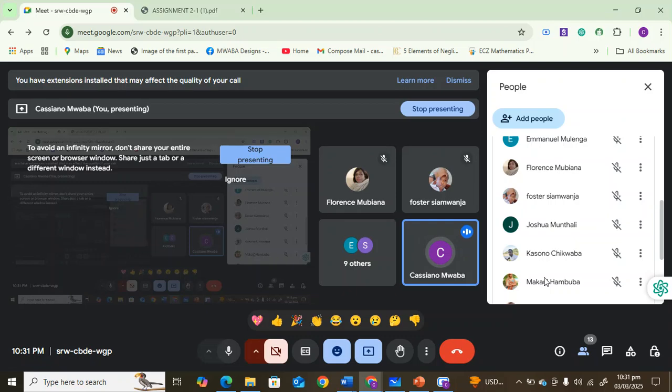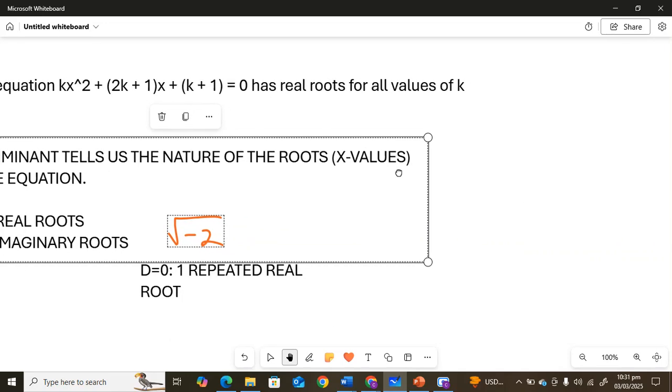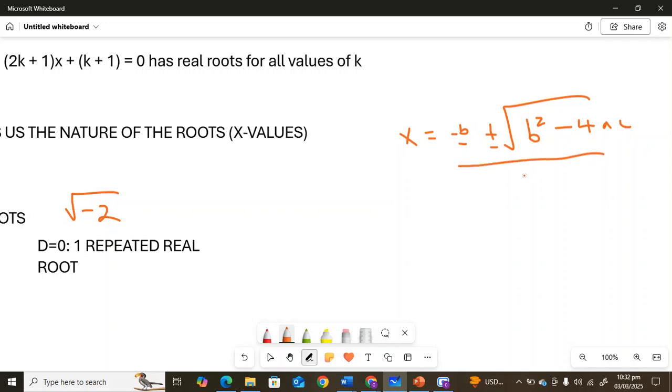So your next question would be, where do we find this discriminant? Colleagues, if you remember the quadratic equation, x equals negative b plus or minus the square root of b squared minus 4ac, divided by 2a.